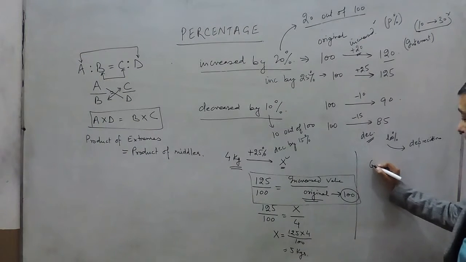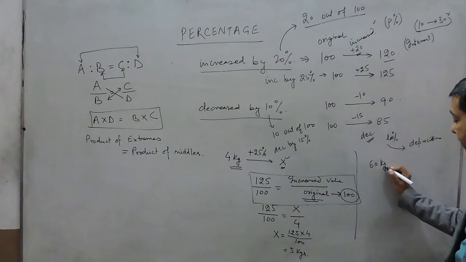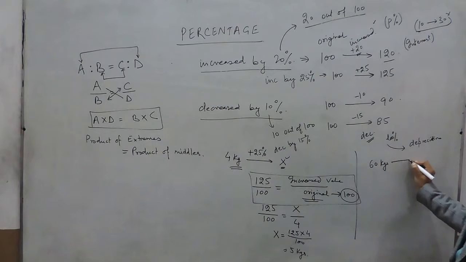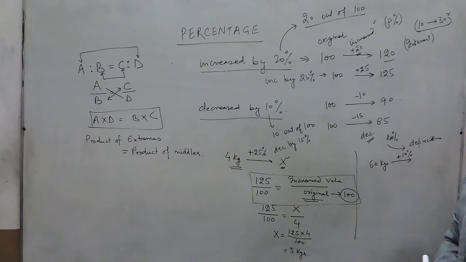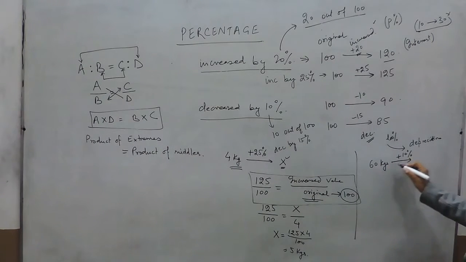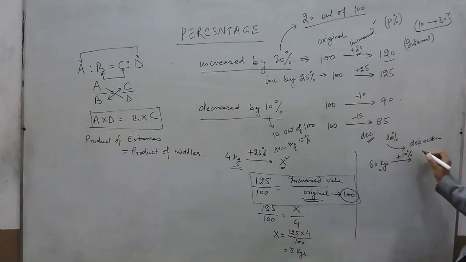Suppose I am saying the weight of a man is 60 kgs and it is increased by 10% in 2 years. It means after 2 years the weight 60 kg increased to some value. Let's say this value is x.